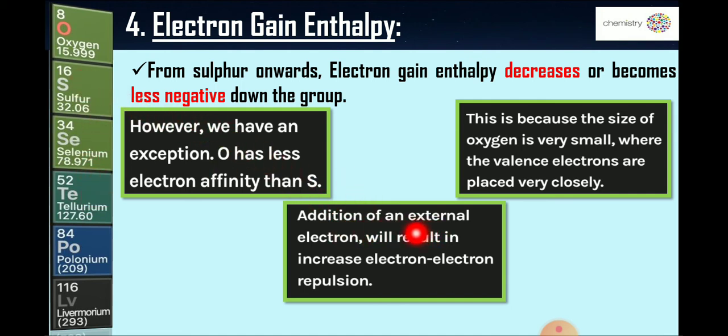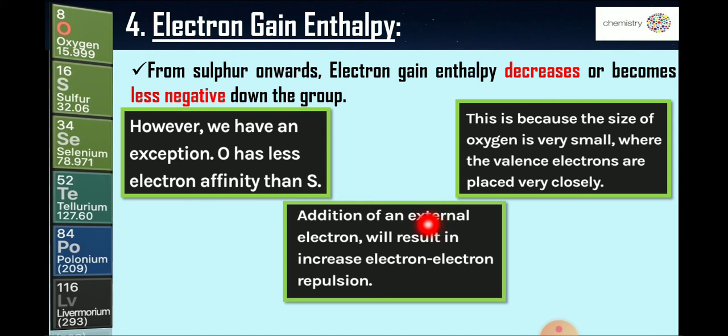So when it is difficult, oxygen experiences less attraction. Therefore, oxygen has a lower electron gain enthalpy. Okay, you may be asked this concept for 1 mark in the examination. So what should your answer be? These are the reasons for this. The oxygen atom is small, the electrons are closely placed, and there will be electron repulsion.